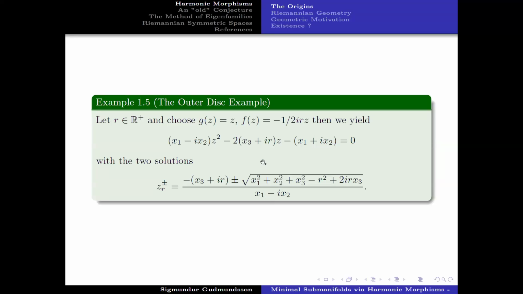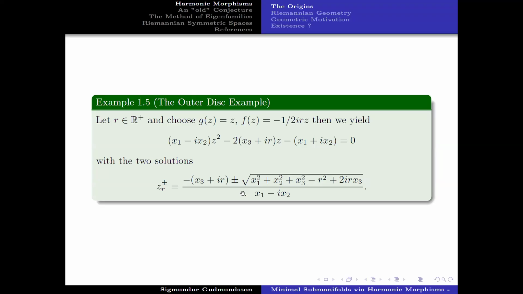Okay, sorry about this. So you see that every high school kid who is clever can solve this, and it turns out that this is now a map from... if you take a circle in the x1, x2 plane of radius r, it means that this is 0, this is real, and this is 0. It means it's in the xy plane.